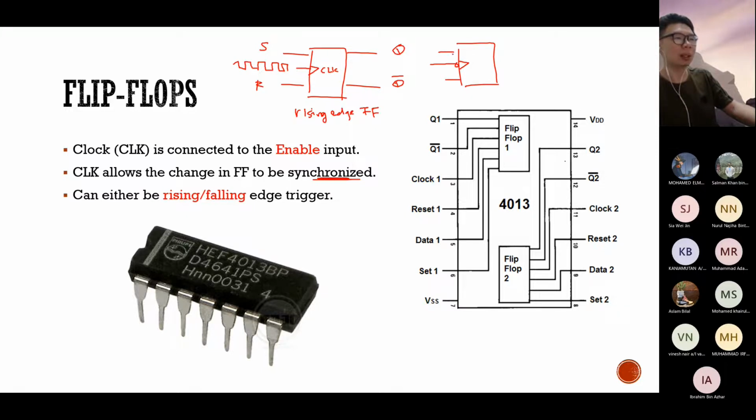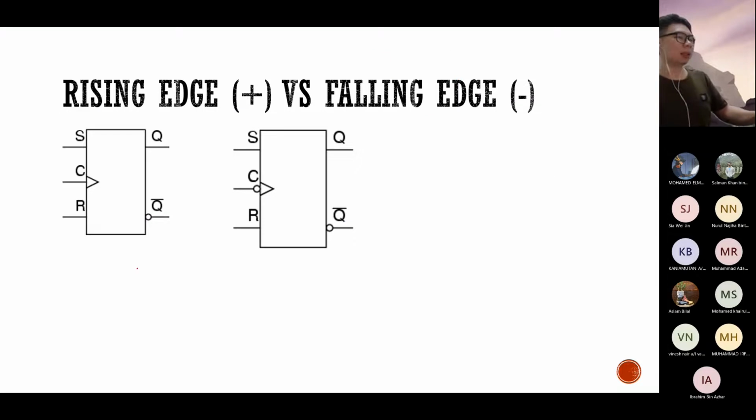Then you have a falling edge flip-flop. I'm just putting an example here, assuming it's an SR flip-flop. So it's drawn in this way: rising edge or falling edge. This was what I was drawing just now: rising edge versus a falling edge flip-flop.